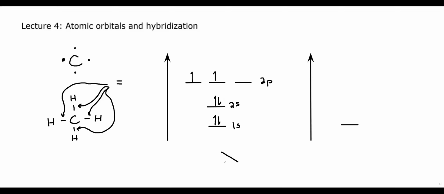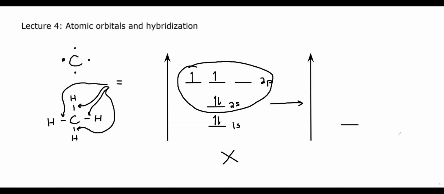So this is not how we would draw the electron diagram for carbon. We would actually draw this one over here on the right, using a hybridization technique where we hybridize these orbitals.